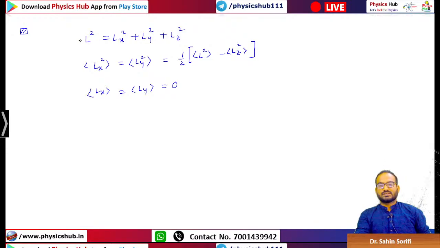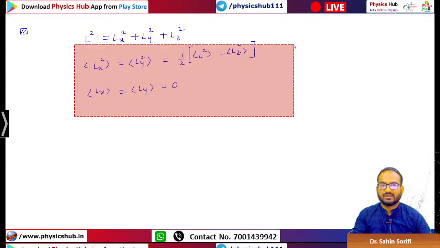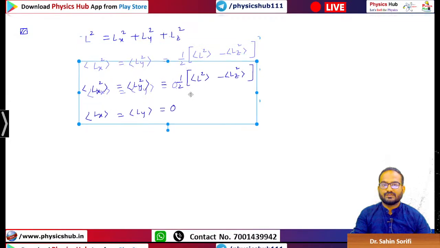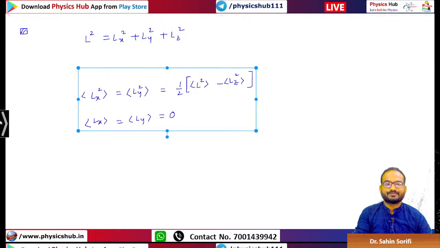Let's take the expectation value on both sides. L² expectation, Lx², Ly², Lz². So they are equal. So 2 times expectation value of Lx² plus Lz². So Lx² expectation value is equal to half times L² minus Lz². Okay. Or if it is inconvenient for you, you can just add another line here to make it simplified for you.